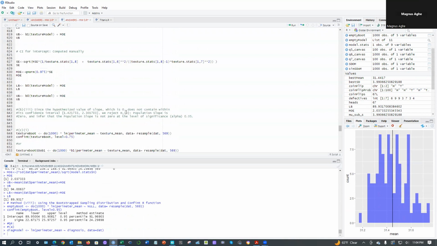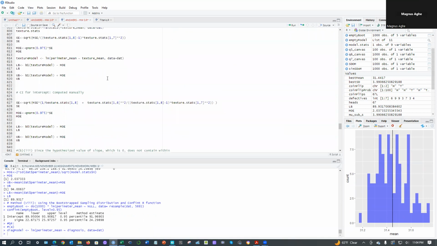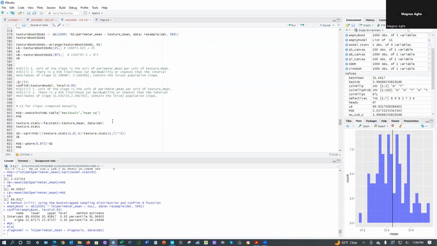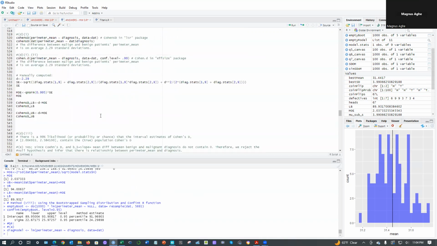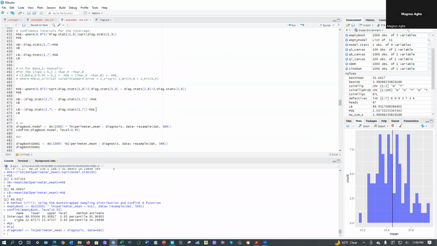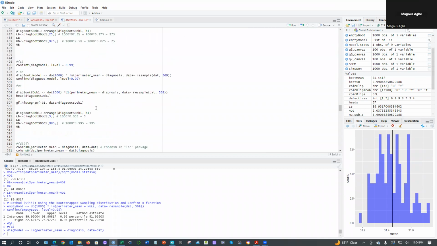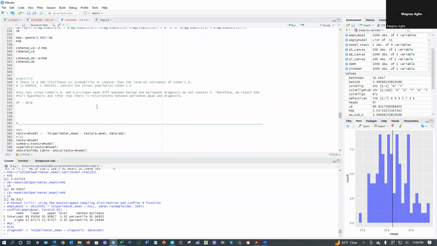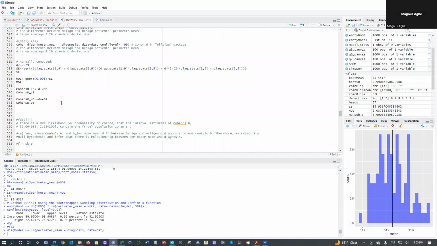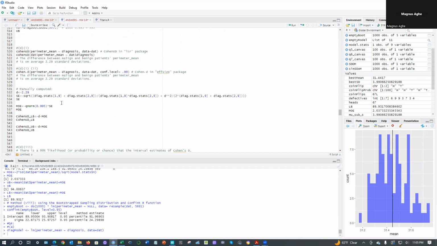That's not the proper way of doing things, but I think we are on the right track. Get the answers for these questions so you can familiarize yourself. And even this one too, Cohen's d, confidence interval 4. We are pretty much going to go to all types of confidence intervals.